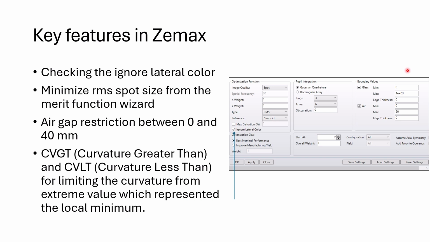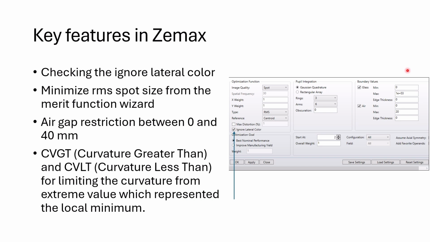So this could be really useful in a system where you're trying to reduce your chromatic aberration as much as possible. However, in this system, the goal is to separate each wavelength as much as possible and spread it out over the entire sensor.